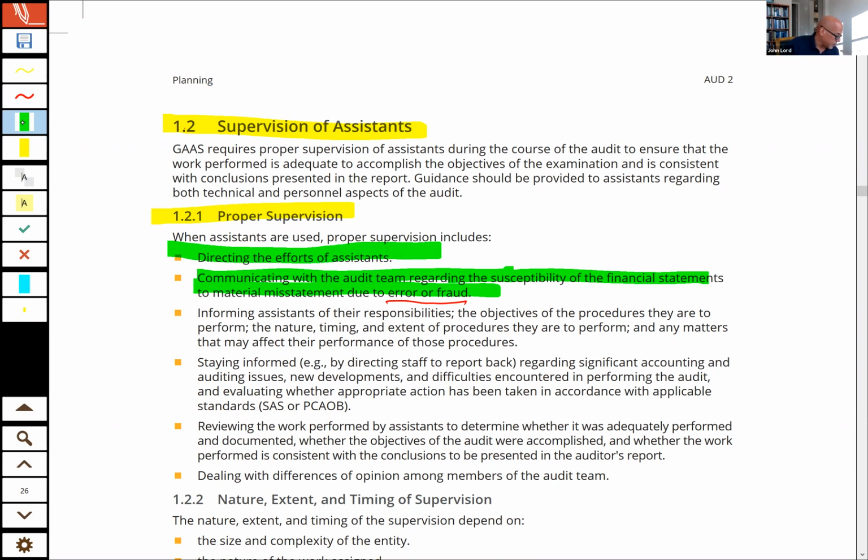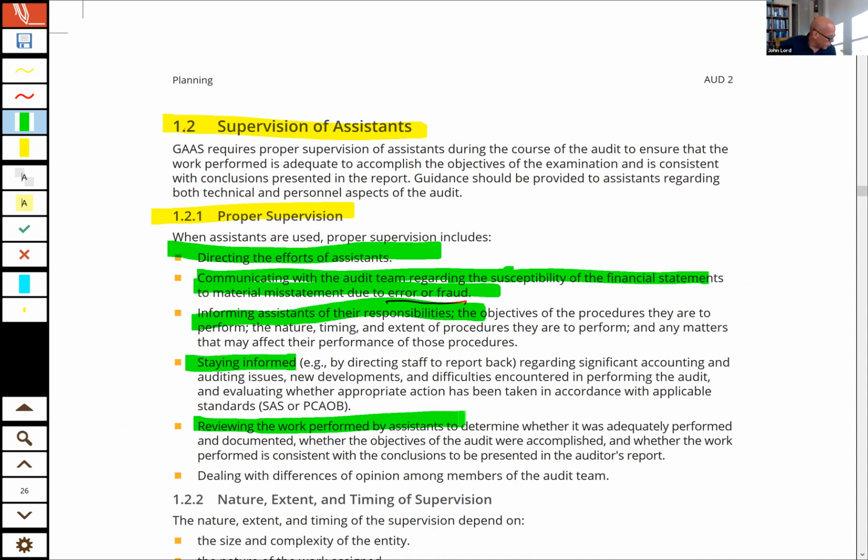Information about the responsibilities of the assistants, staying informed about what's going on with the engagement, reviewing the work performed by assistants. And again, when we say assistants, we're not really thinking about first year staff. I mean, they are assistants, but we're really talking about anyone who assists the partner.